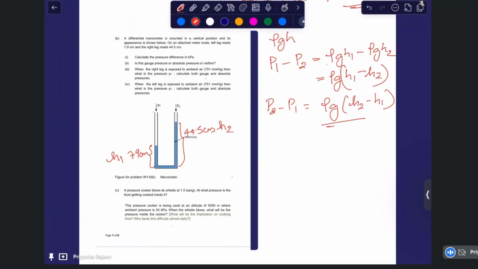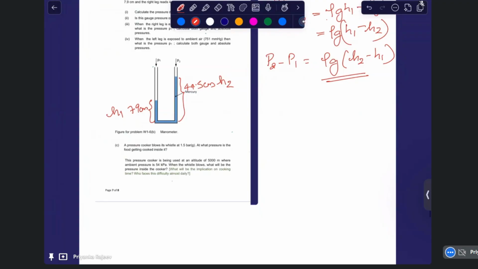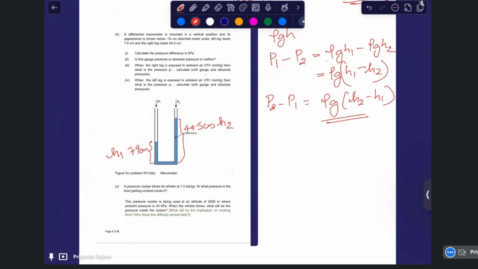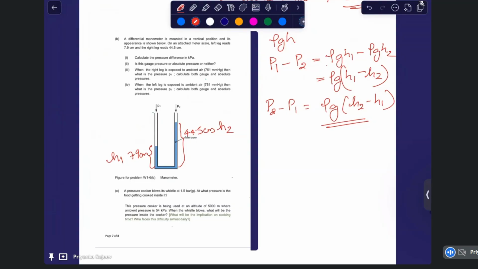So we just have to calculate H2 minus H1 and then multiply with density if it is given, density times G, that is 10 or 9.81, times delta H.